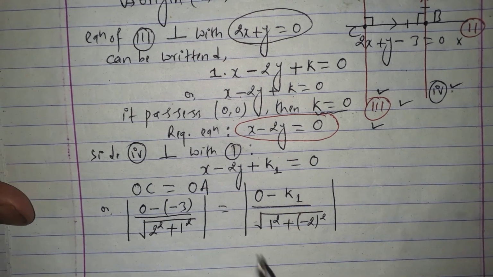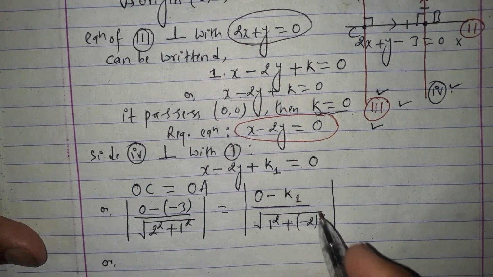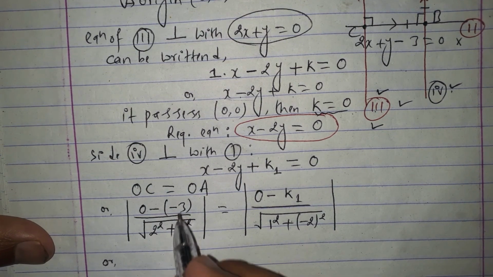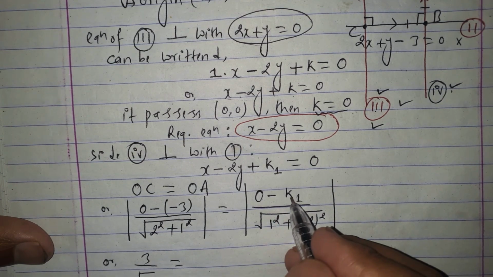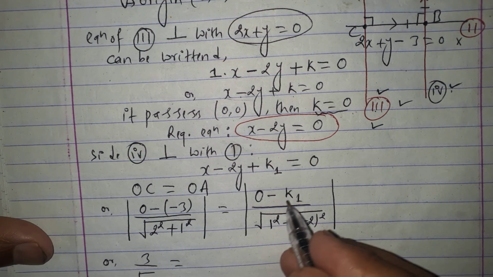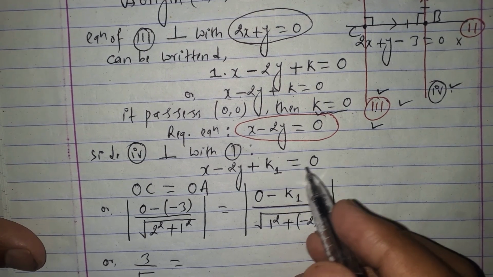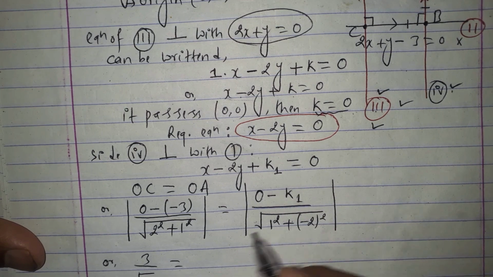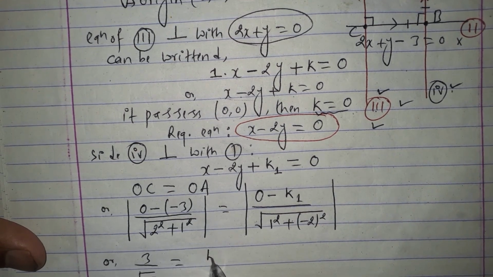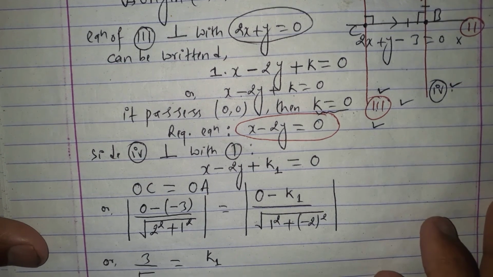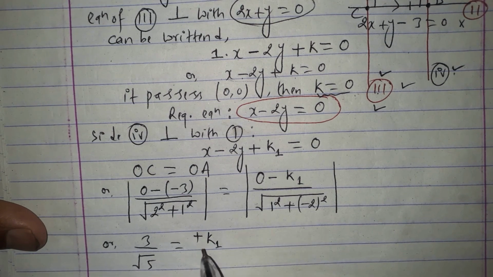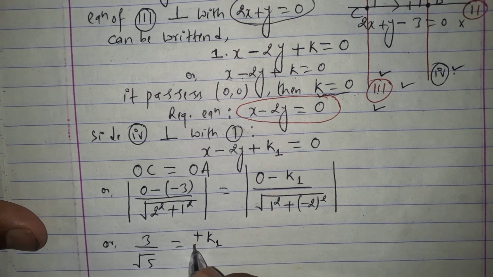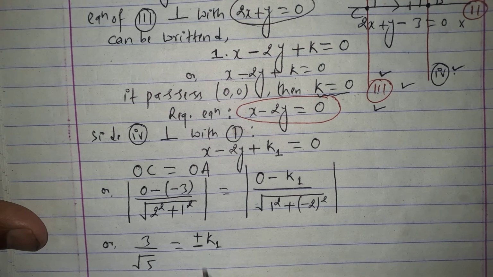Let's simplify this equation to get the value of k1. Negative times negative is positive, so 3 over the square root of 4 plus 1, which is 5, equals the modulus of negative k1. We don't know whether k1 is negative or positive. If k1 is positive, then the modulus of k1 is just positive k1, and if k1 is negative, the modulus of k1 is negative k1.